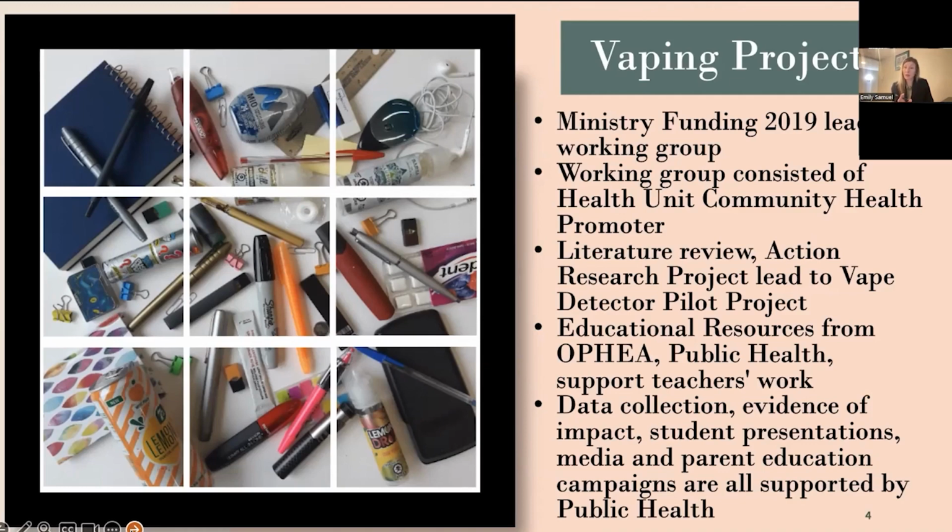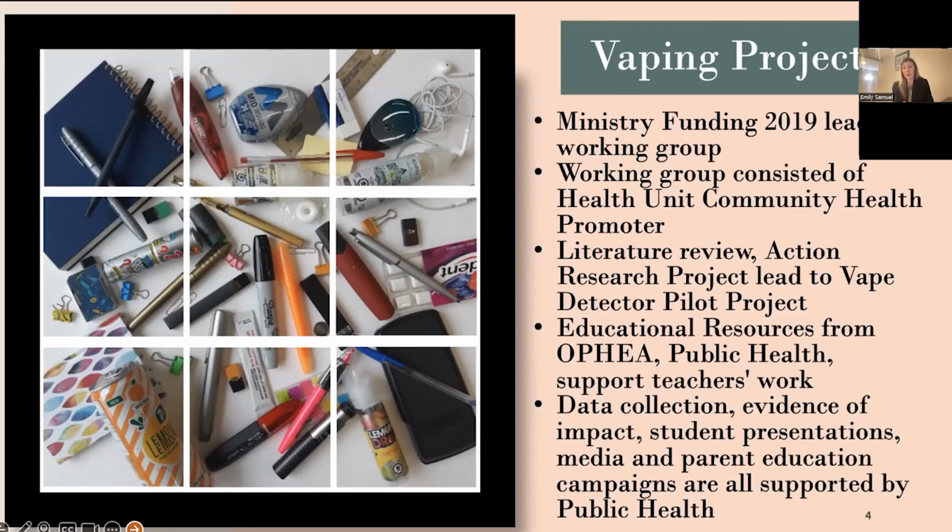Because what we found with that literature review is that research would indicate that students who see other students vaping are much more likely to try vaping themselves. And of course, when they try vaping, the likelihood of them continuing and becoming addicted also increases. So really what we wanted to do was reduce the use of e-cigarettes on campuses.